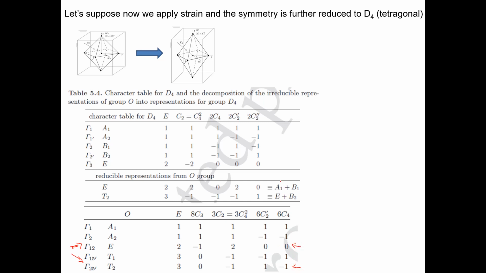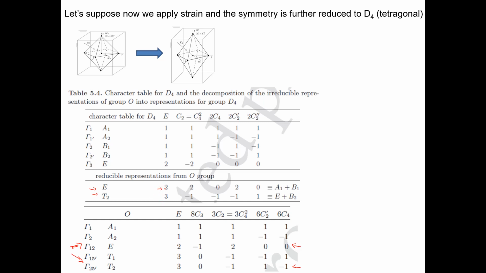And I have to write here in the same columns, let's say, in the same table as the D4 group. So you see the idea, right? So for instance, the identity operation, the identity class. I basically have to go back here and see, oh, this is obvious, but I mean, the identity character is 2 for E and 3 for T2.